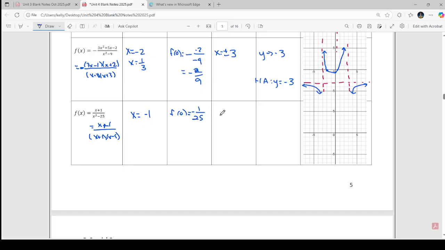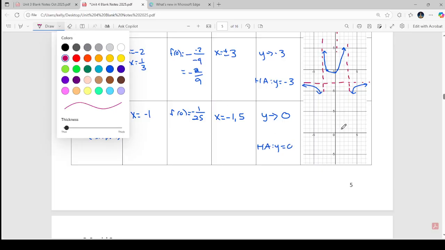Our VAs are when our denominator equals 0, so at negative 1 and 5. And our end behaviors are approaching the quotient of when x is divided by x squared. But x can't be divided by x squared, so we're going to be approaching 0 with a horizontal asymptote at 0.